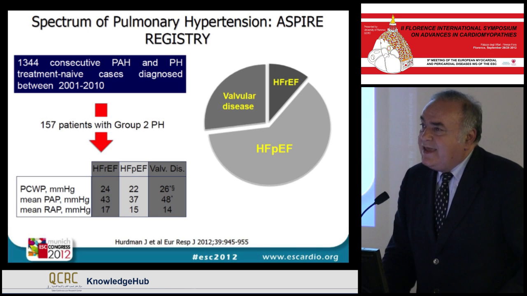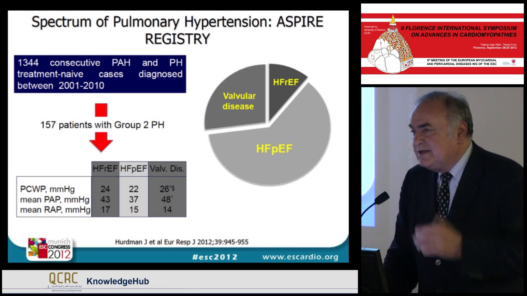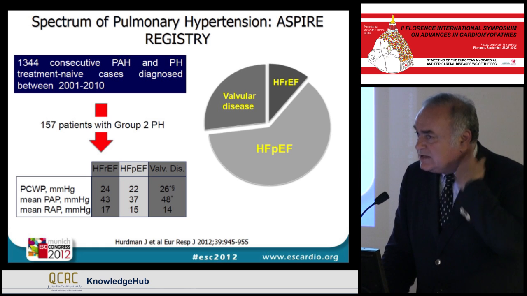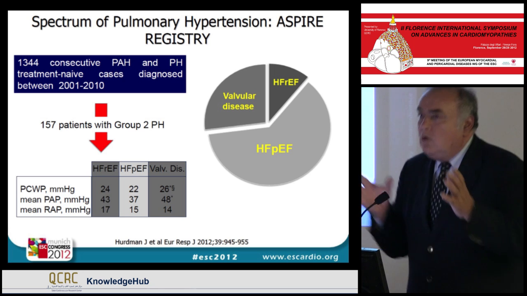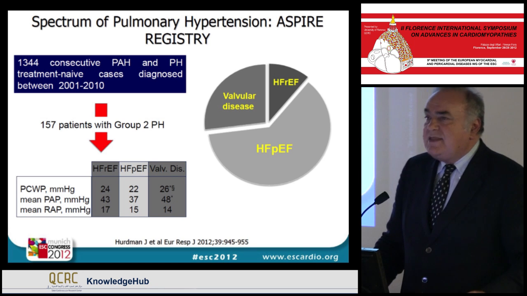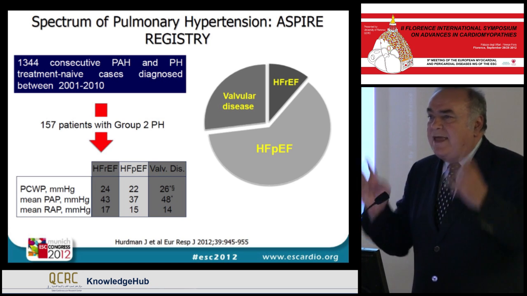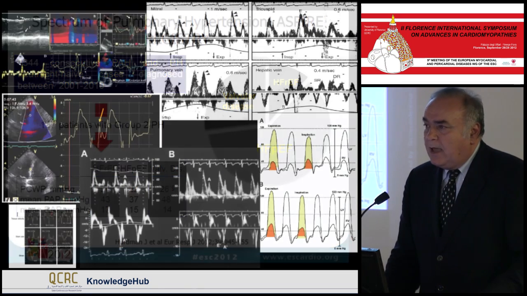Indeed, in many cases, in our experience, with the final diagnosis of restrictive cardiomyopathy, the first diagnosis, the wrong route towards the right diagnosis, was represented by a label of pulmonary hypertension.